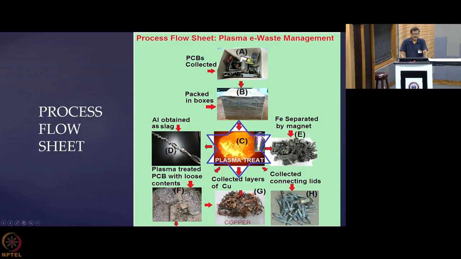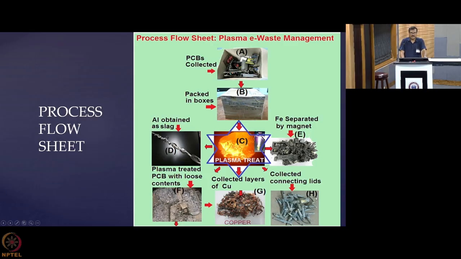So you are able to see that this is coming as a slag, the aluminium content in the PCBs. So you are getting almost pure aluminium getting molten and then coming out in the form of slag, and then you are getting the copper extracted almost in pure form from the PCBs. These copper strips remain there in the resin matrix over which you are putting your components.